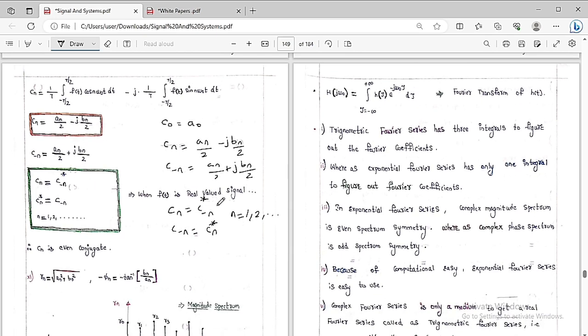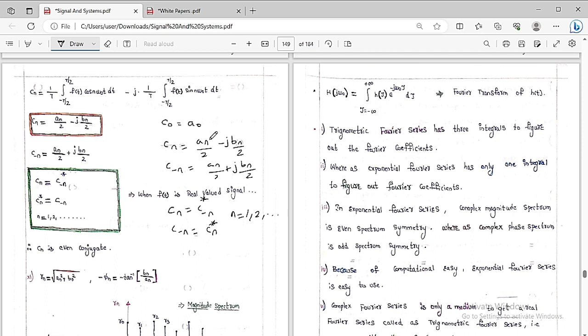So when f of t is the real valued signal, these are the things you always have to keep in your mind. When f of t is the real valued signal, Cn is called the even conjugate signal. Because you can see Cn is an by 2 minus j bn by 2.